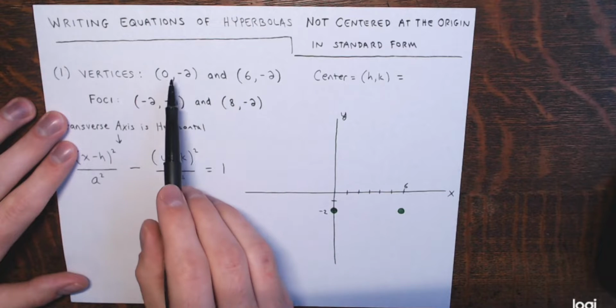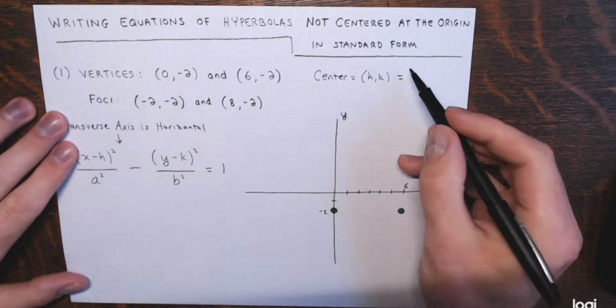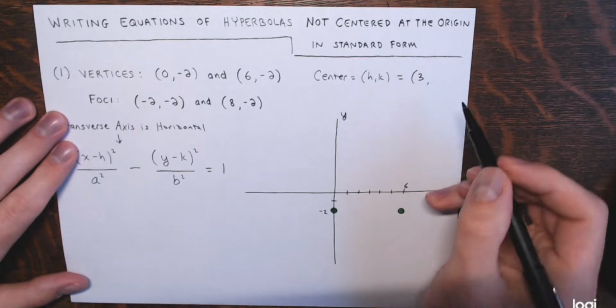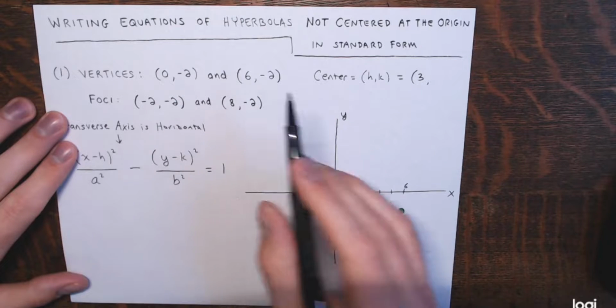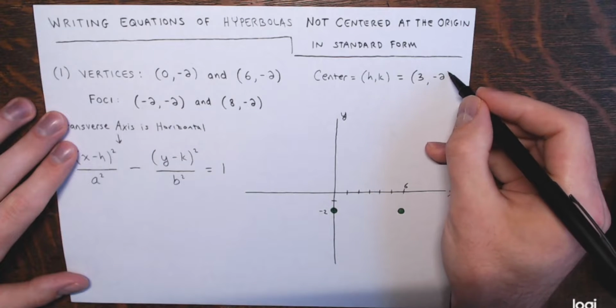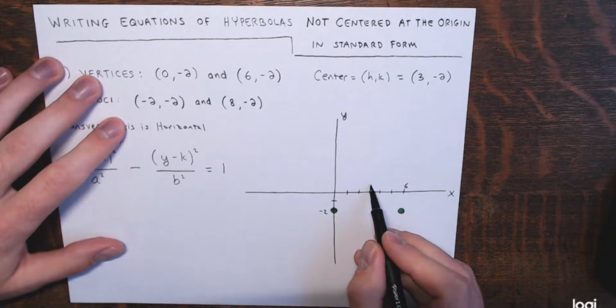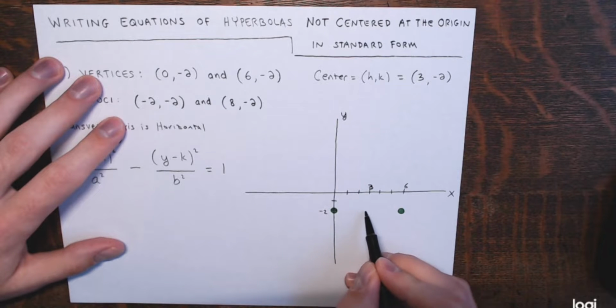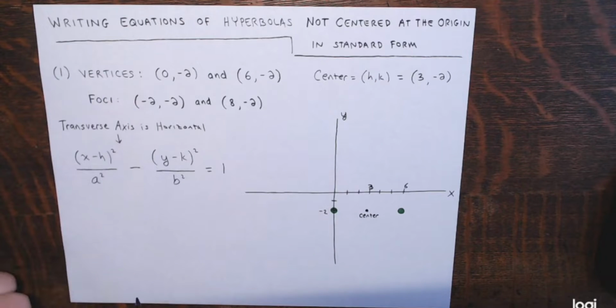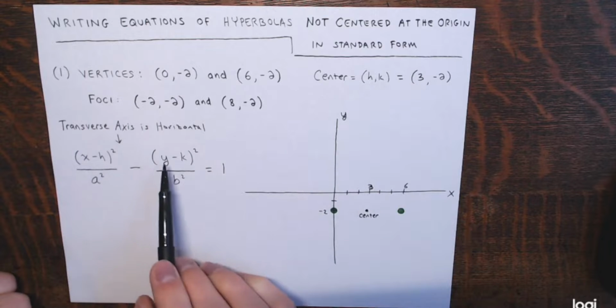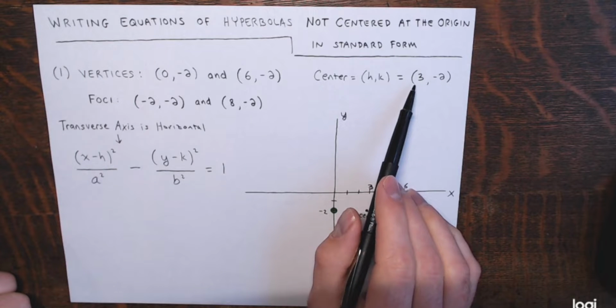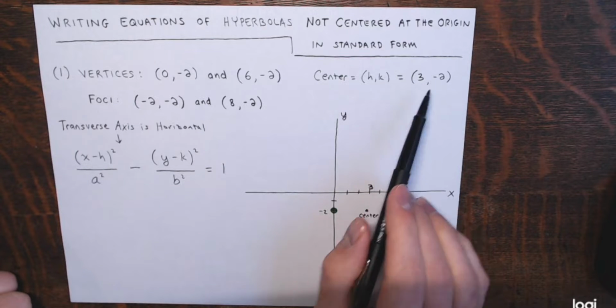So the average of the x-coordinates here is 3, right, halfway between 0 and 6. And then the y-coordinate's always negative 2 here. So 3, negative 2. There's the center of this hyperbola. So when I go to write the equation, h is 3 and k will be negative 2.